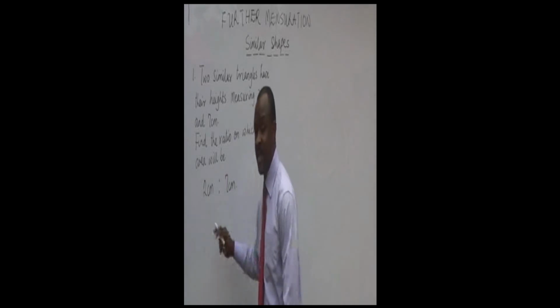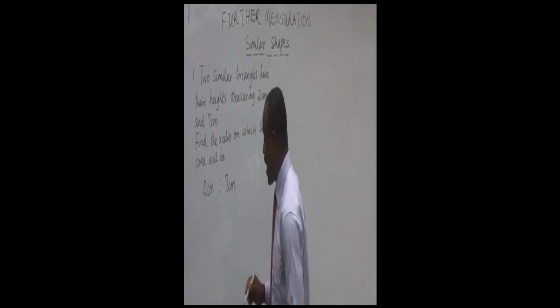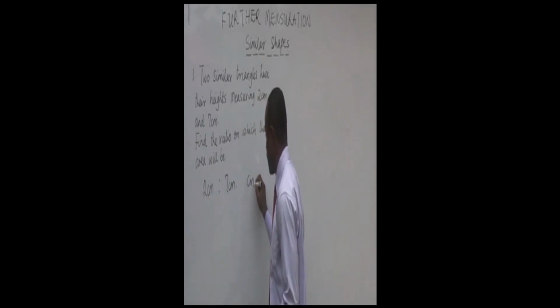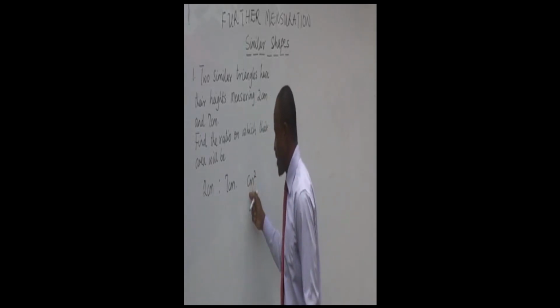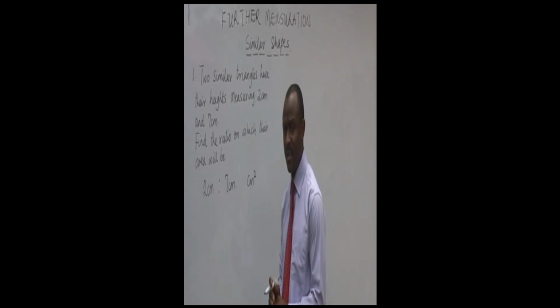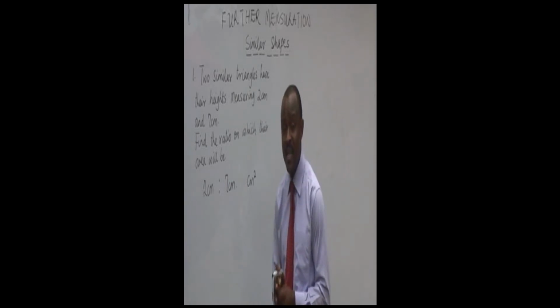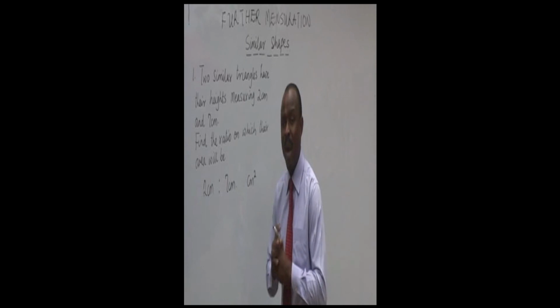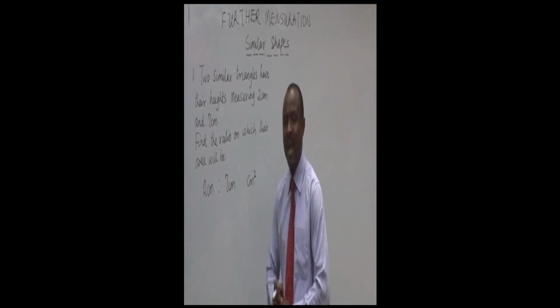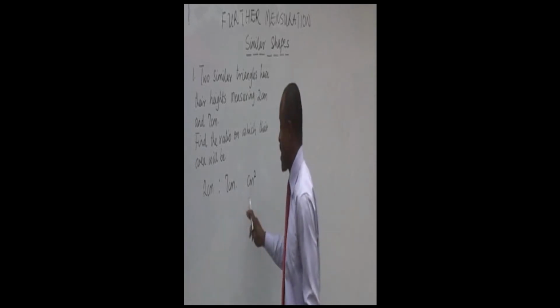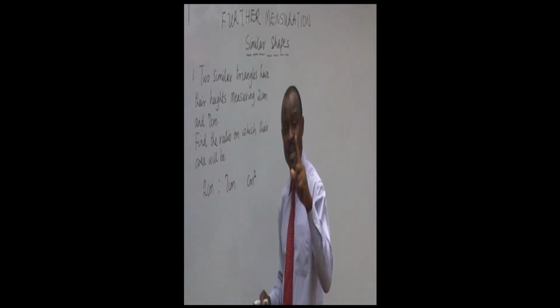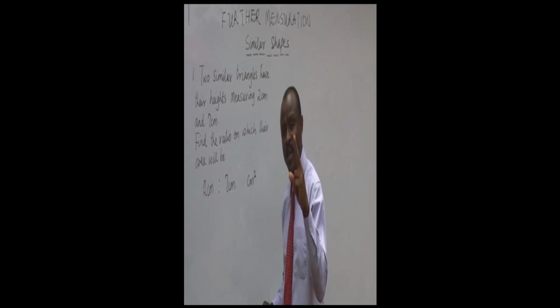If heights are in centimeters, I hope you know that area is centimeter squared. How do you get centimeter squared from centimeters? You can only get centimeter squared from centimeters by multiplying centimeter by centimeter. That is the only way.